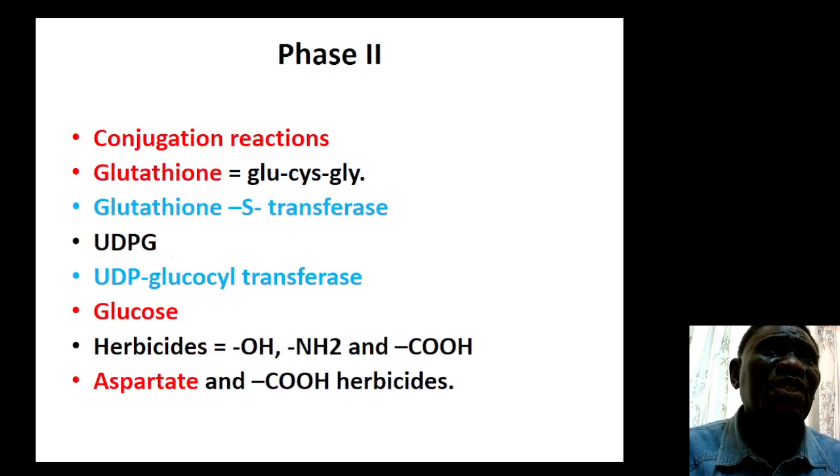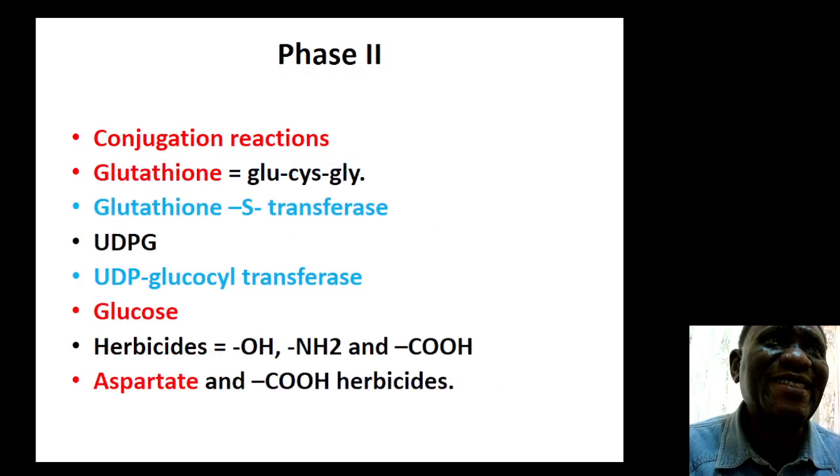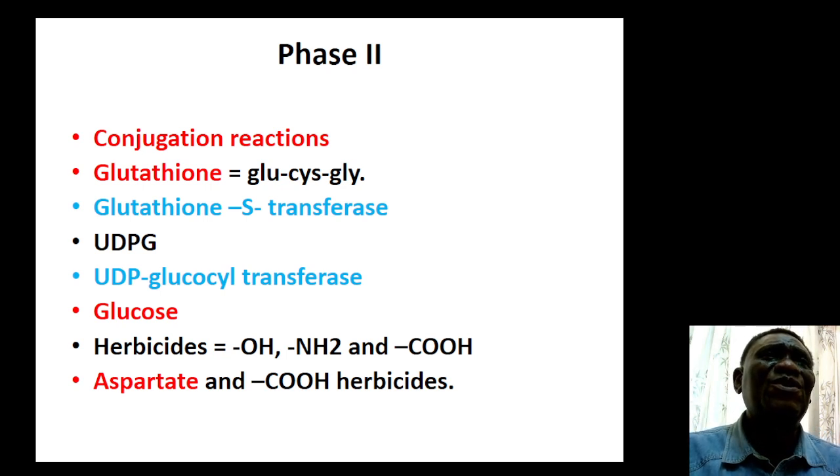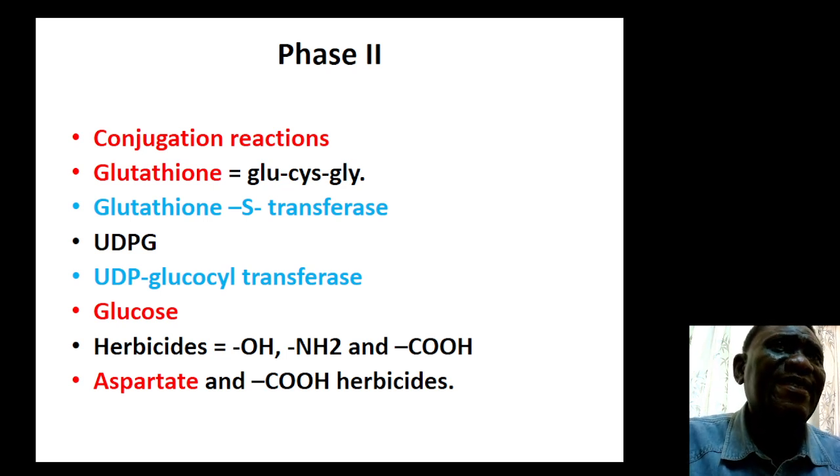Phase 2, we are looking at the conjugation reactions. All of them are called conjugation reactions, where we have glutathione activity facilitated by glutathione S-transferase. Then we move on to glucose activity, where UDPG donates or releases glucose, and we have the enzyme again, UDP glycosyl transferase.